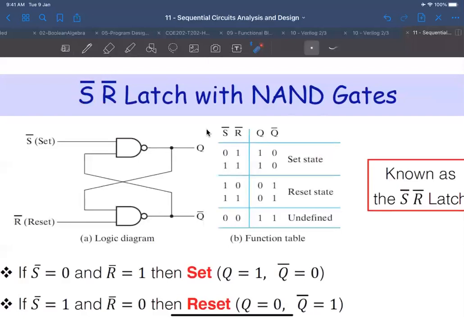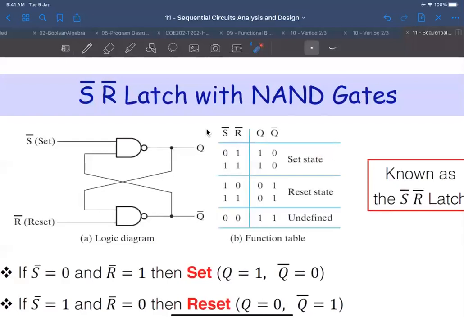Because these signals are now active low. So the signals are active when they are low, in comparison to the previous one, the SR latch. In the case of the SR latch, the signals were active when the signal is high, so when it is 1, but here when S complement is 0.